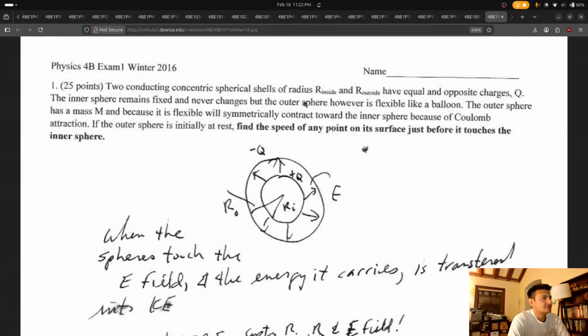Two conducting concentric spherical shells of radius r inside and r outside have equal and opposite charges. The inner sphere remains fixed and never changes, but the outer sphere, however, is flexible like a balloon. Whoa, wait. Two conducting concentric spherical shells.